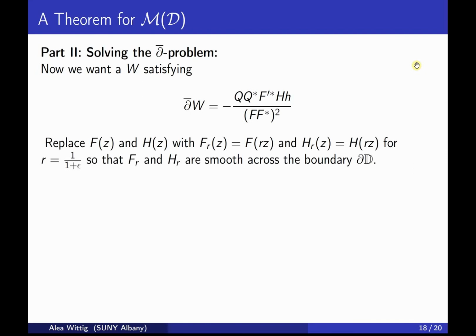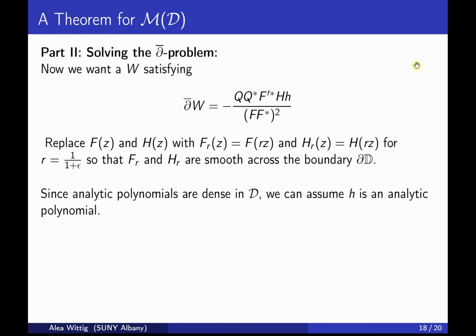So we will replace f and h with f_r and h_r, where r is 1 over 1 plus epsilon, some small positive number, so that f_r and h_r are smooth across the boundary of the disk. In particular, they'll be smooth on the disk of radius 1 plus epsilon.